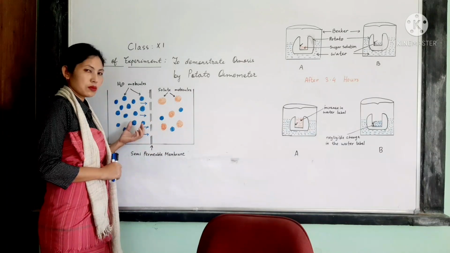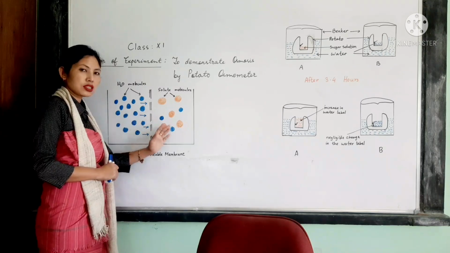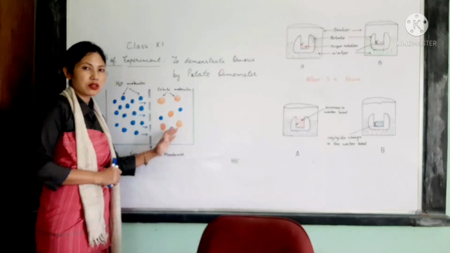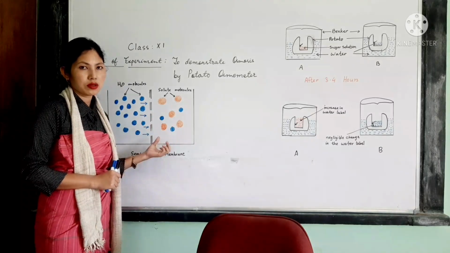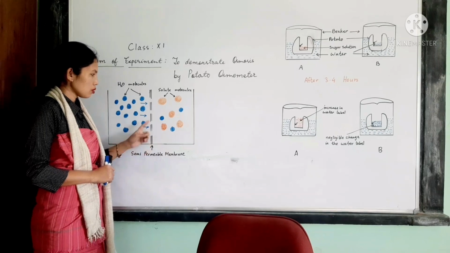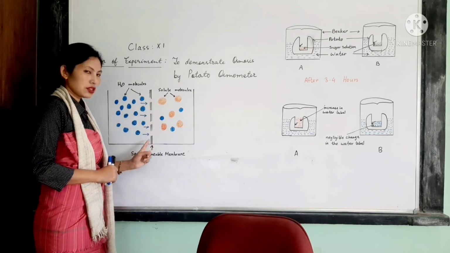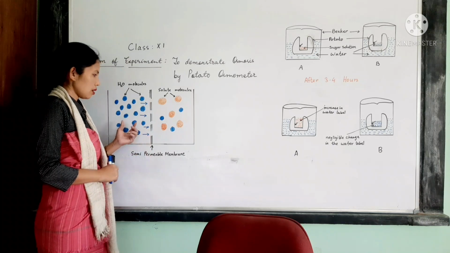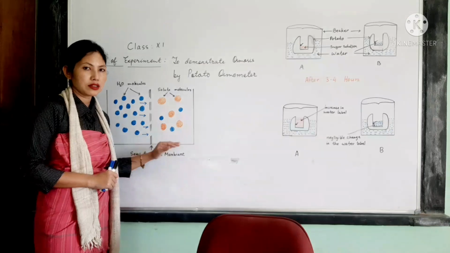Once the amount of water molecules on both sides of the membrane reaches equilibrium, there will be no further movement of the water molecules, right? So this is what osmosis is about. As I mentioned, three things are important: the presence of a semi-permeable membrane, the presence of a concentration gradient, and the movement continues until it reaches equilibrium.